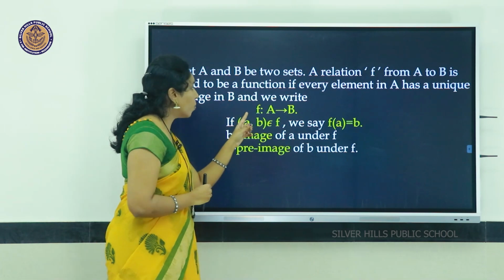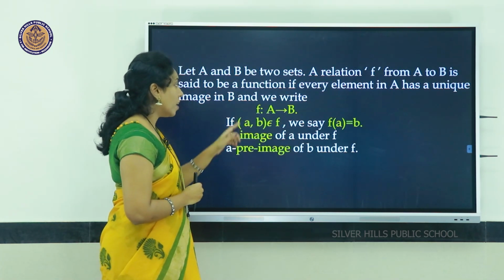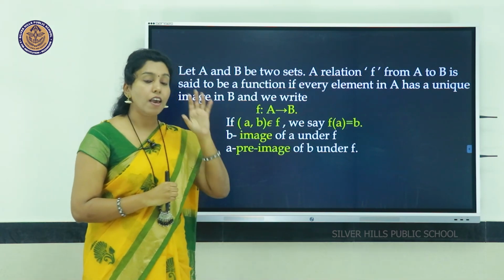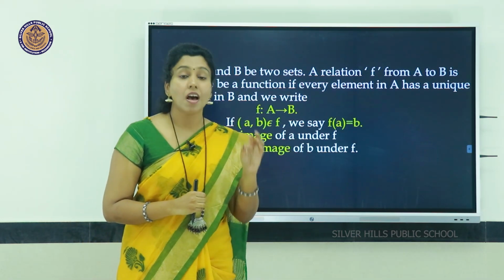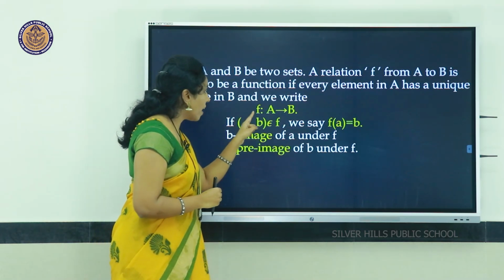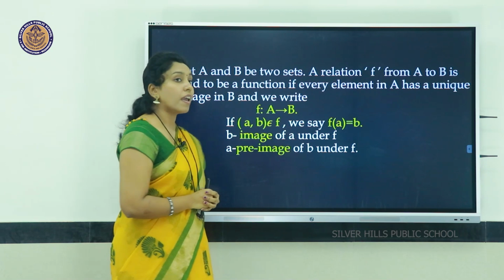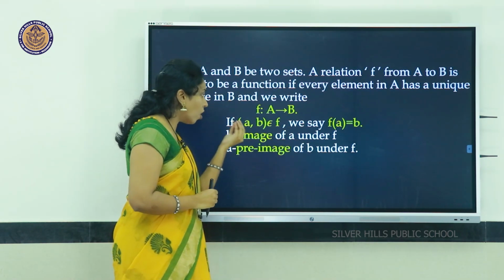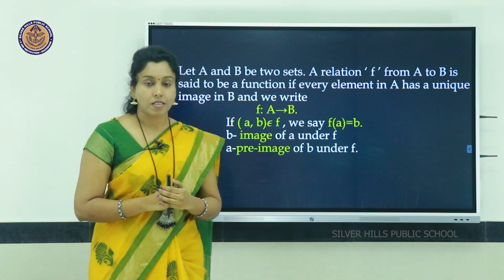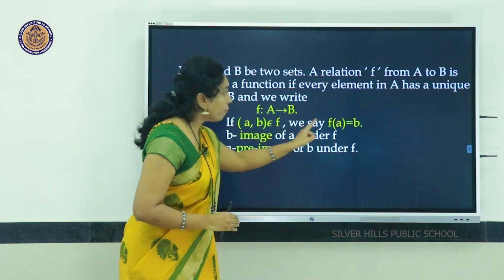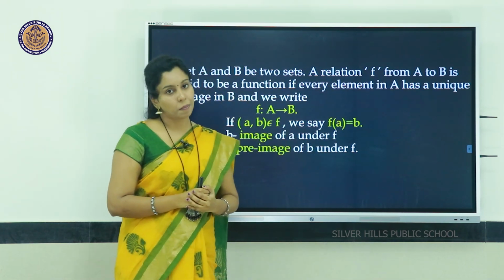So, this is how we denote a function. If a relation f satisfies the condition that every element in the first set has a unique image in the second set, we say f is a function from A to B. And if you have an ordered pair in f, suppose (a, b) belongs to f, we write f of a is equal to b.